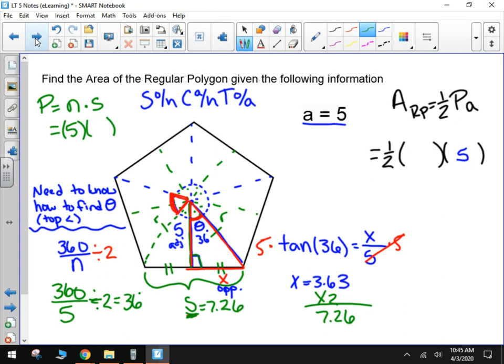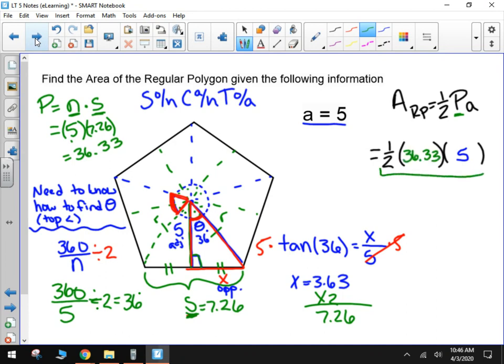All right, so if my side length is 7.26, again, remember, we're still trying to find perimeter. To find perimeter, it's the number of sides times the side length. My number of sides is 5, and now I have a side length 7.26. When I multiply that together, I get 36.33. Now over here, I can put that in, 36.33.